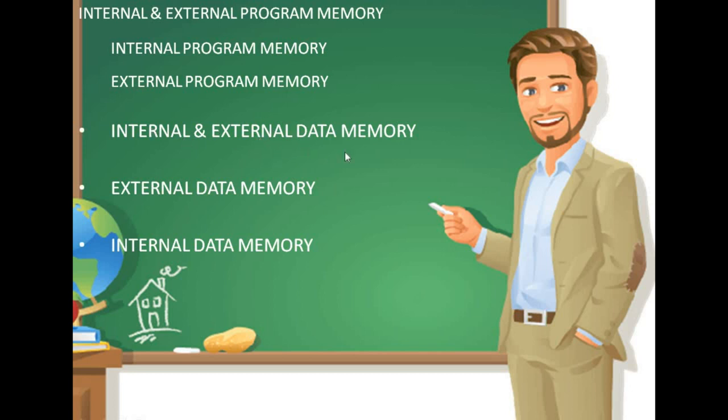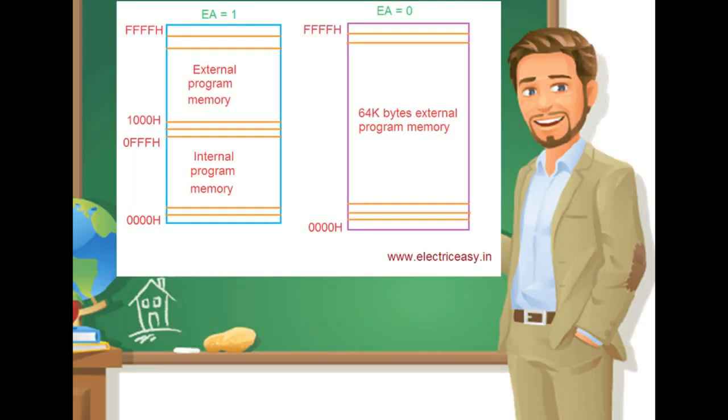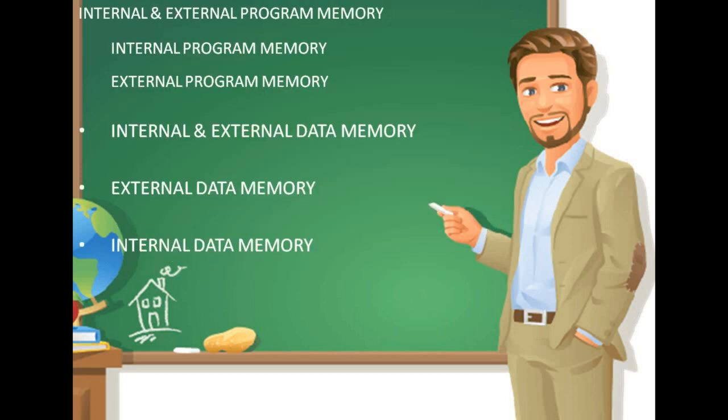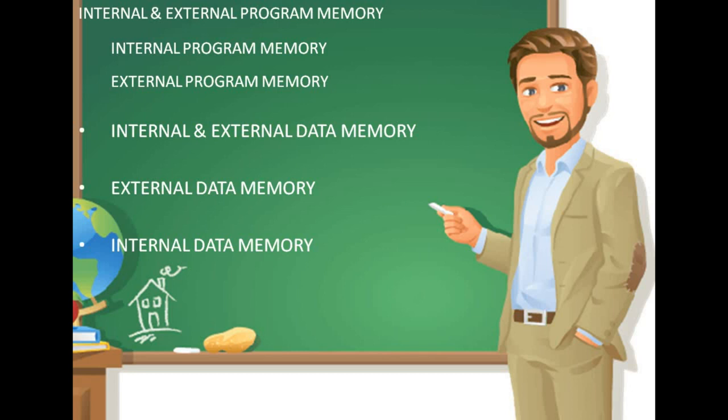And coming to the internal and external data memory, as we know, the internal RAM capacity is 128 bytes, and the external RAM will be 64 KB. In most instructions, like MOVX, this is used to access the external data memory, which is 64 KB.